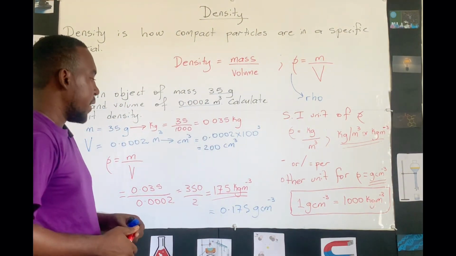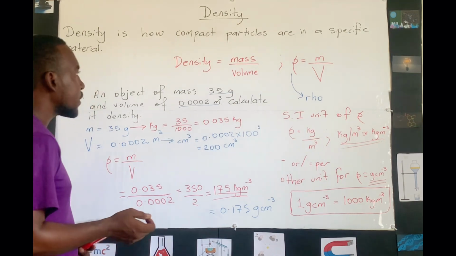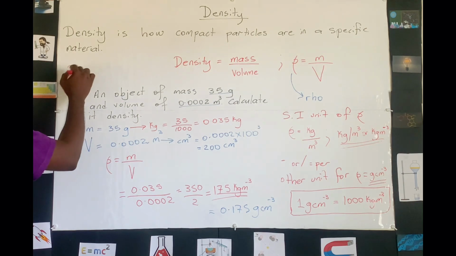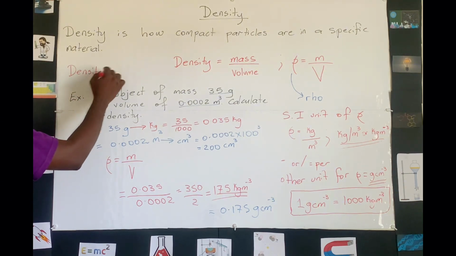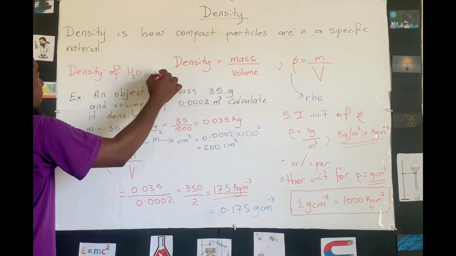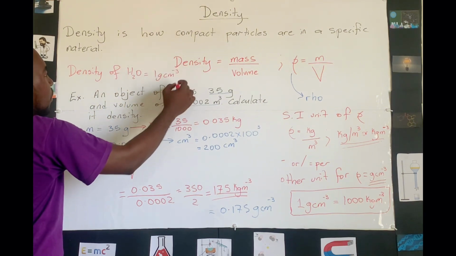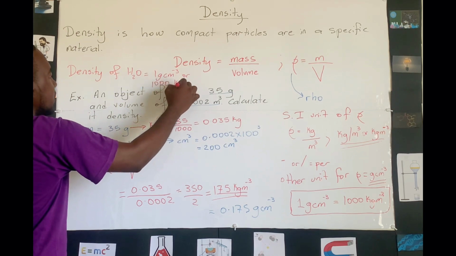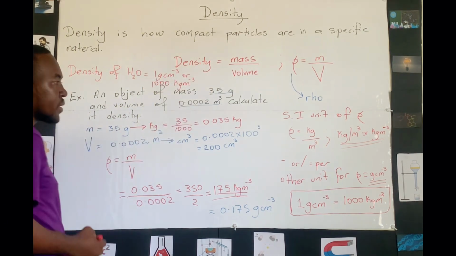All right. Now, a popular constant that you need to know is the density of water. The density of water, H2O, is 1 gram per cm cube, or it's 1,000 kilogram per meter cube.